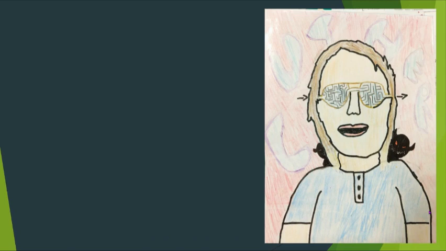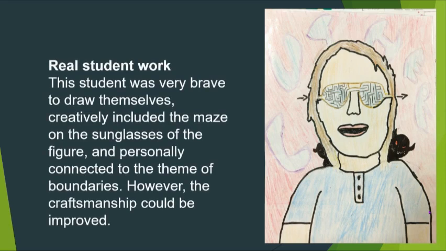Last example, does this meet the assignment requirements? It does. So the maze path is quite small. You might not be able to see their name quite easily behind them. Luther, behind the character's head. What I appreciate is the bravery of drawing a self-portrait, putting the maze in the sunglasses.